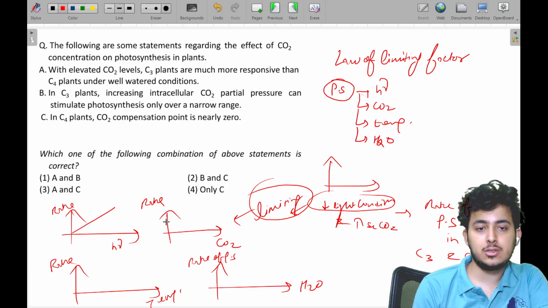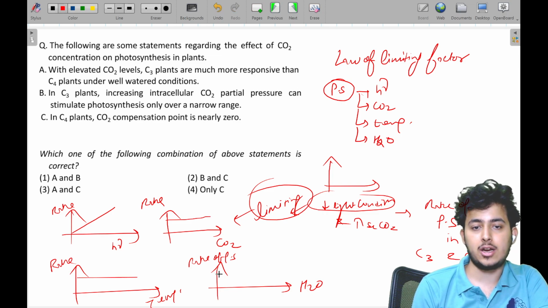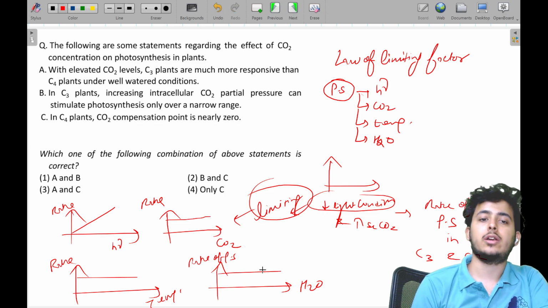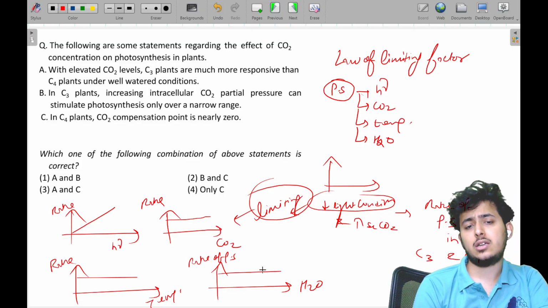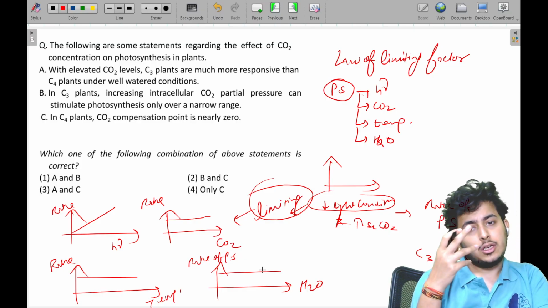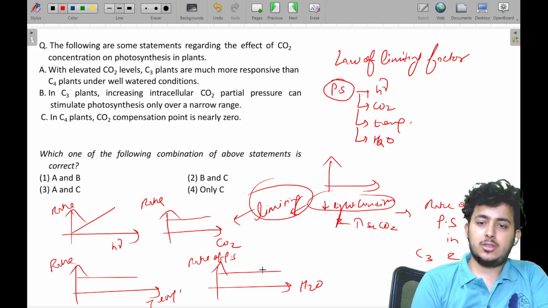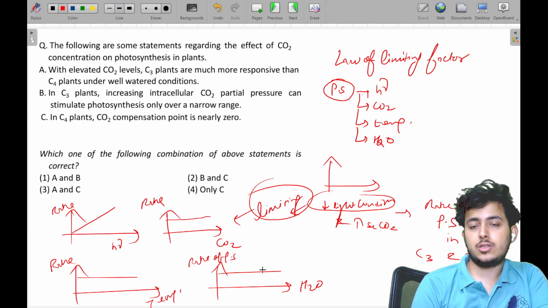But with increase in CO2 concentration, increase in temperature, and increase in water amount, the rate of photosynthesis does not change much. The reason is that the limiting factor is the one that is driving things. Okay, so that is one thing.